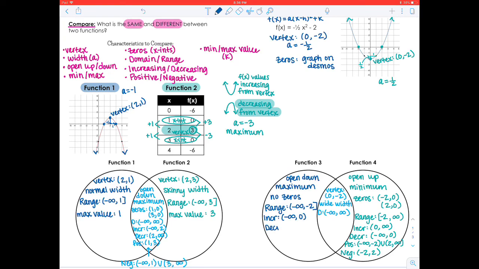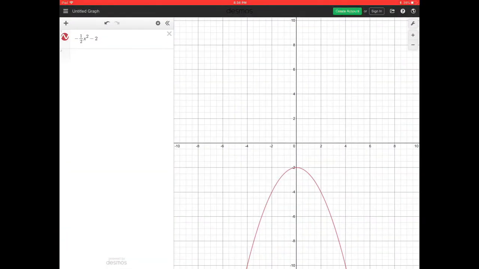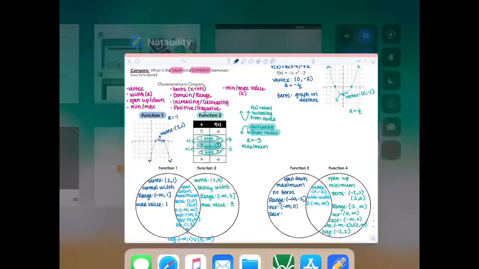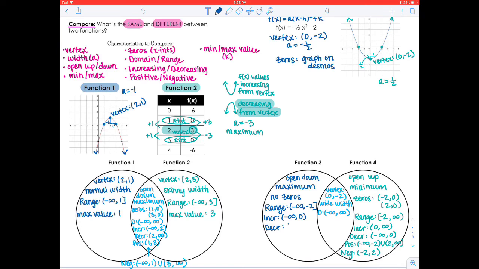And then it'll be decreasing on the opposite side, so on the right side, and that'll be from 0 to positive infinity for those x values. Okay, it's actually opposite of the other one, and that's because they're facing different directions.